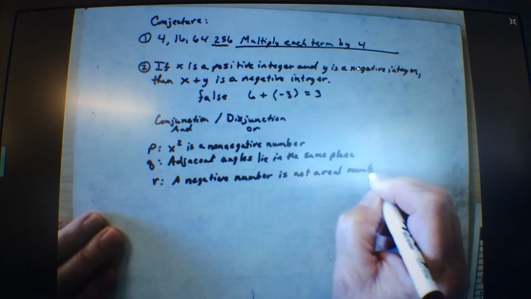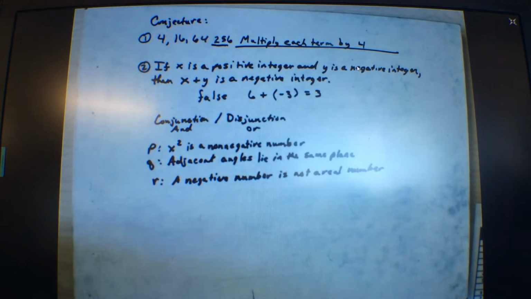Now, let's be clear here. Is the first one true? Is P true? Yes. Is Q true? It is. Adjacent angles must lie in the same plane. But is R true? No, R is not true, right?